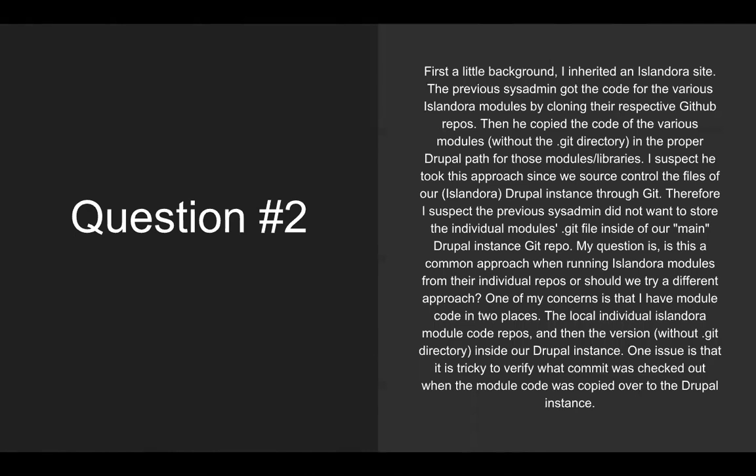Or you could sort of do it similar to the current setup where you have all of the Drupal modules set up as submodules of one central Git repo. That would provide you with the same sort of functionality where you get to specify specific commit hashes, and you don't have to have Git repos within Git repos.